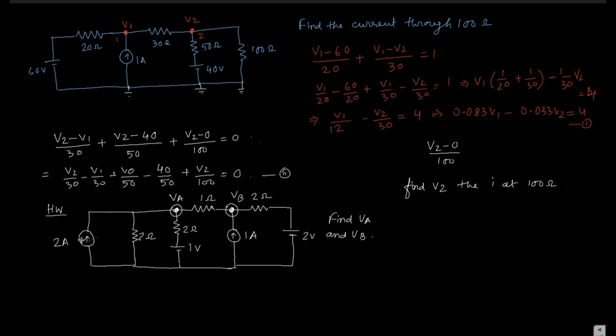The 2 ampere is a constant current source which can supply 2 ampere current through it. So this plus this equals this 2 ampere. Now if you consider VB minus VA by 1 plus VB minus 2 by 2 is equal to 1. Solve this equation and get VA and VB.